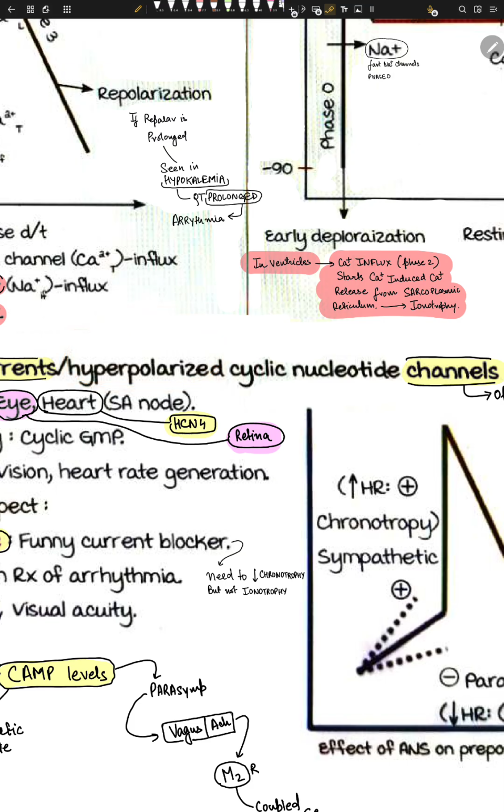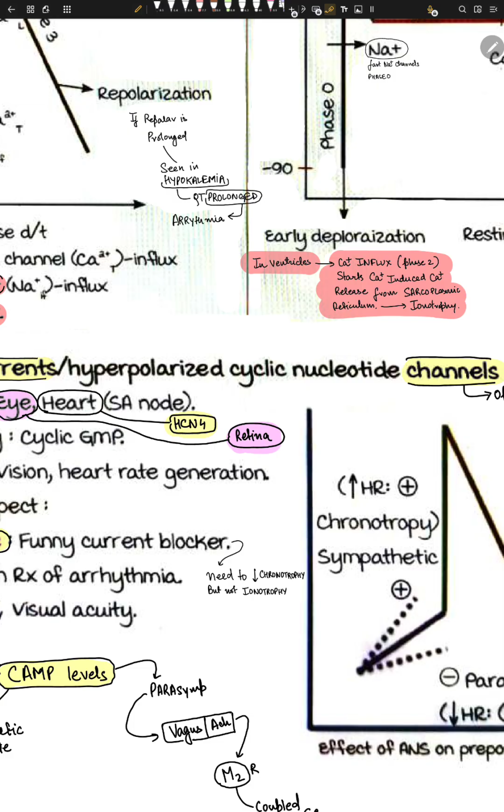So most channels like sodium or calcium open when the membrane becomes depolarized, less negative, okay? But on the contrary, these HCN channels are weird. They open when the cell becomes more negatively charged than usual, that is hyperpolarized. In the SA node, when the membrane potential dips around minus 60 millivolts, these channels open.